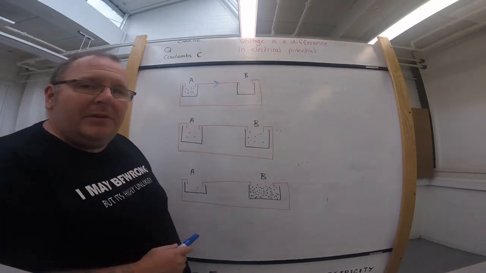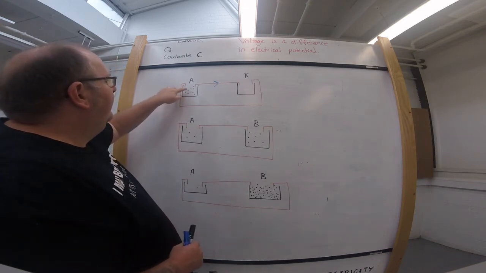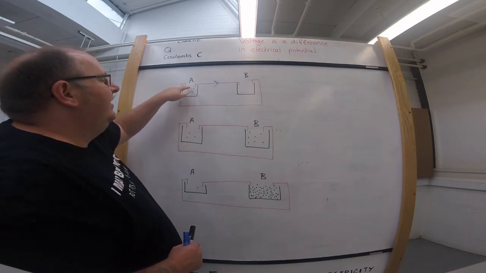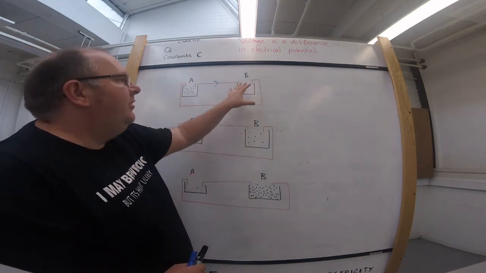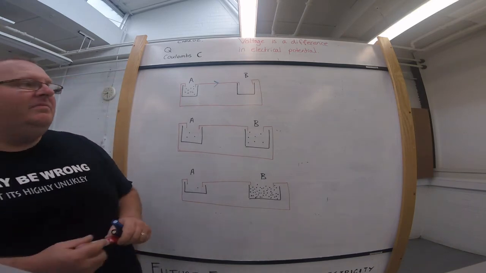Is it a particularly large voltage? Well, we've got 1, 2, 3, 4, 5, 6, 7, 8, 9, 10 charges and none at all. I would say that's a pretty low voltage.